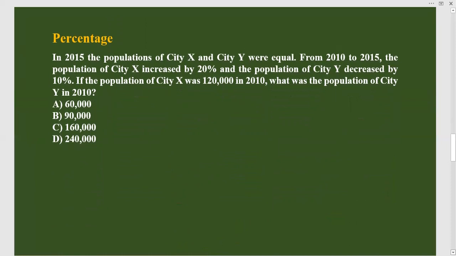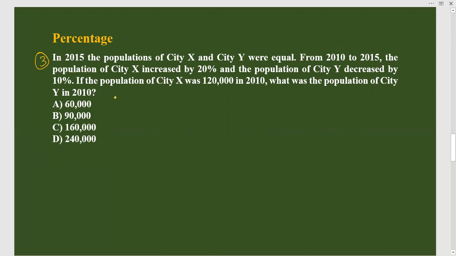So question number 3 says that in 2010, the population of city X and city Y were equal. From 2010 to 2015, the population of city X increased by 20%, and the population of city Y decreased by 10%. If the population of city X was 120,000 in 2010, what is the population of city Y in 2010?